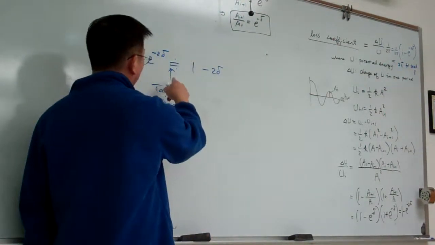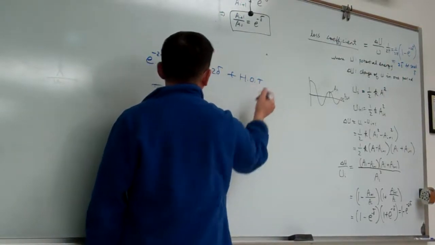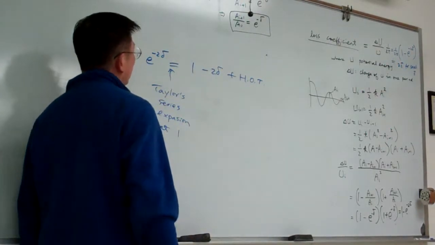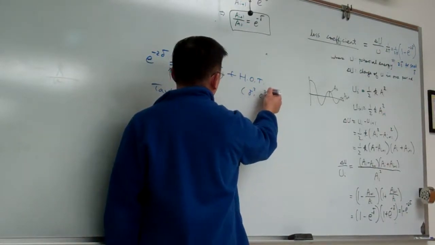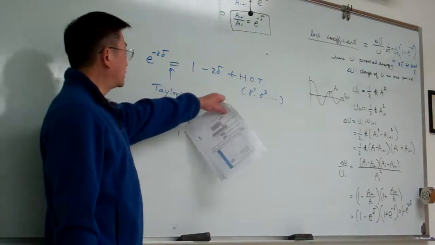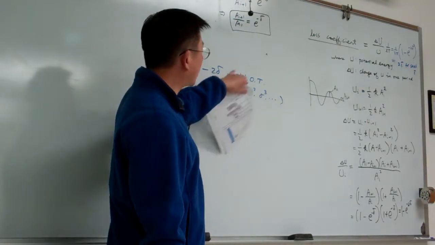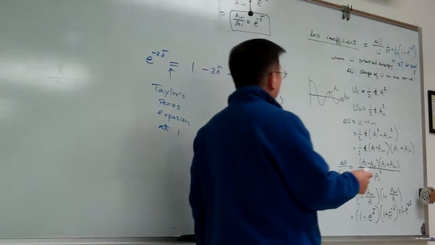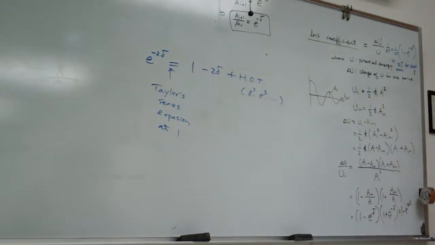The higher order terms are functions of delta squared, delta cubed, etc. So when delta is very small, the influence of the higher order terms is very small. That means if you plug this expansion in there, that is a good approximation. And how good it is corresponds to how small delta is.